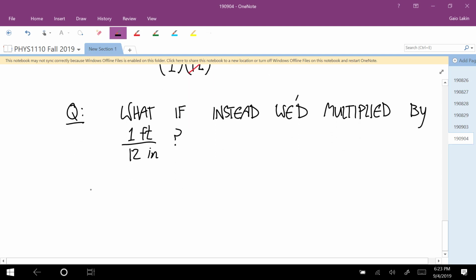Okay, so to do that, we're still going to start with 3.5 feet. And now we're going to multiply by 1 foot divided by 12 inches.